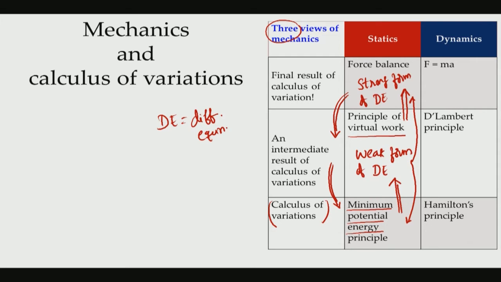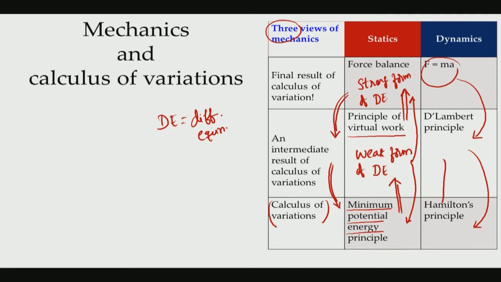Similar thing exists for dynamics also. If you start from Newton's second law, everybody knows this, F equal to ma, that is equivalent to D'Alembert principle, which is like a weak form of that, and from there you can come to something called Hamilton's principle, right.